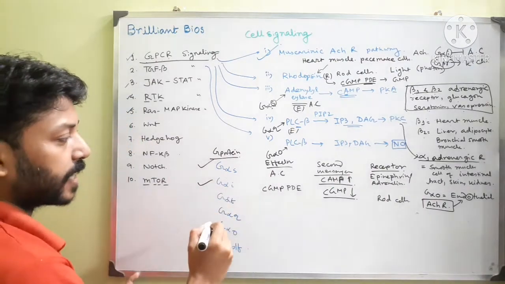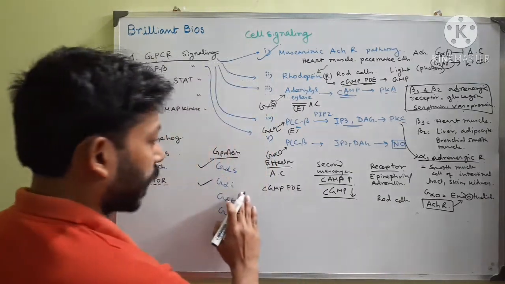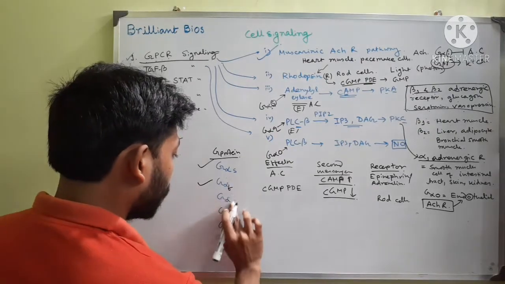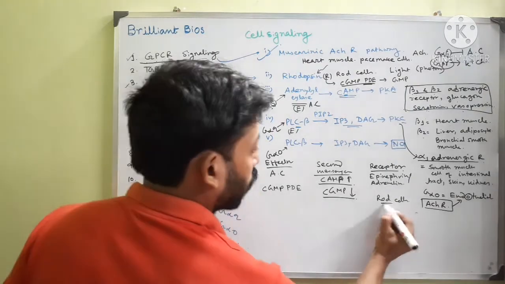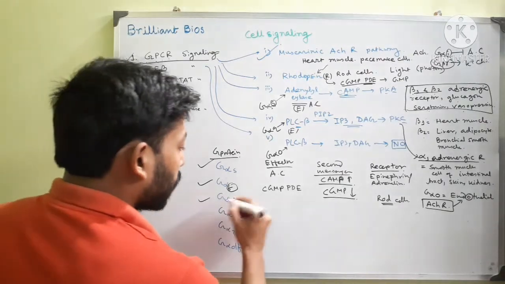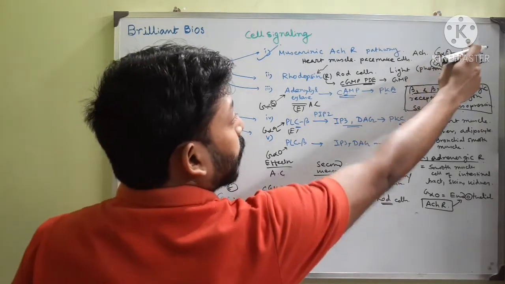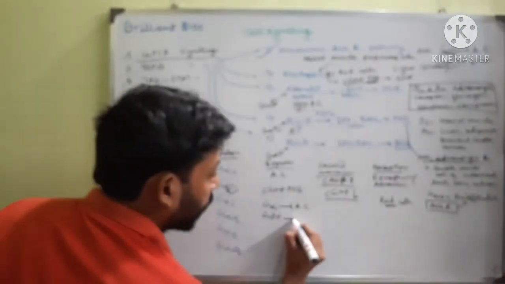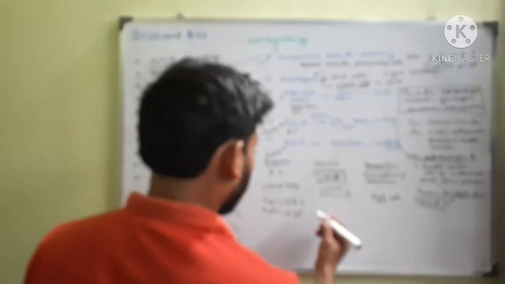Actually, sorry, this is not G alpha I, this is the G alpha T. It would be the G alpha T, because G alpha T means T for transducin. This transducin is present in the rod cells, and this is the way. In case of G alpha I, the inhibitory protein, G alpha I inhibits the adenylyl cyclase enzyme, and the G beta gamma actually activates the potassium channel in the muscarinic acetylcholine receptor, and how it works I will tell you later.